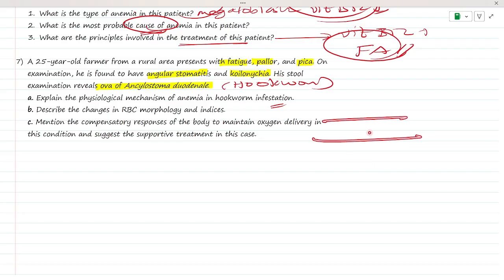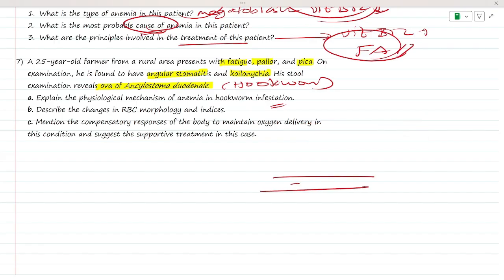Suppose we think of this as the intestine and this as the hookworm. If it infests the intestine, the intestine may develop perforations, right? The hookworm goes and attaches to the intestines, and there is a chance of perforation because it feeds on blood.